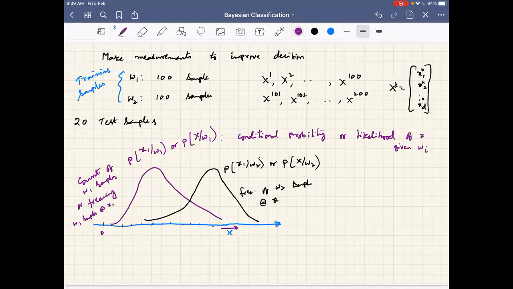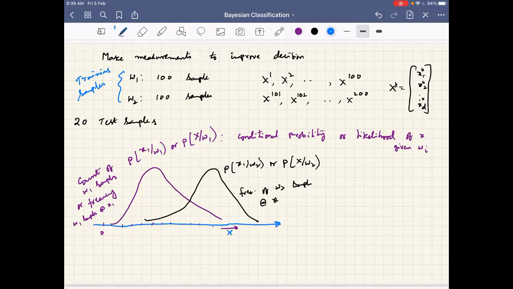So now the question is, we made these measurements. We are able to make these aggregate frequency plots, or get overall information on the class distribution of class 1 samples and class 2 samples. Now, given this, we want to use it for framing the decision rules.